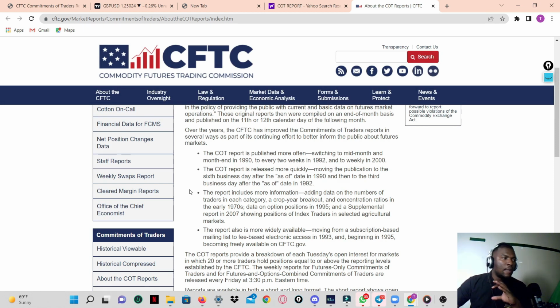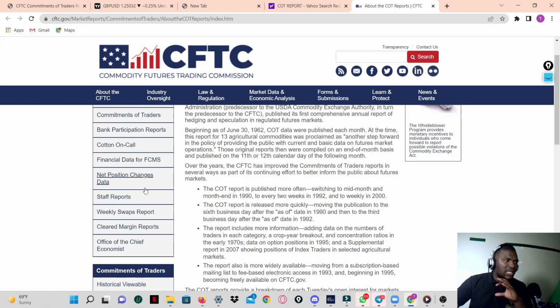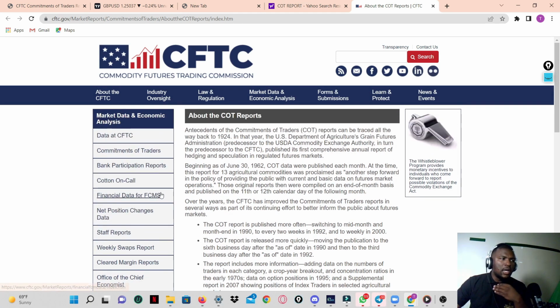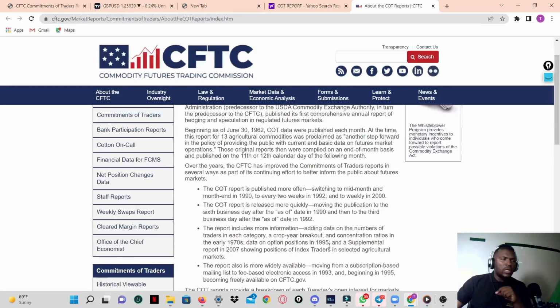These are reports that are given out on a weekly basis, monthly basis, and each and every time one is released, you can be that type of trader who knows what is really happening in the markets. Because I came to realize that the market is moved by fundamentals. If fundamentals are not there, the market cannot move, you understand?